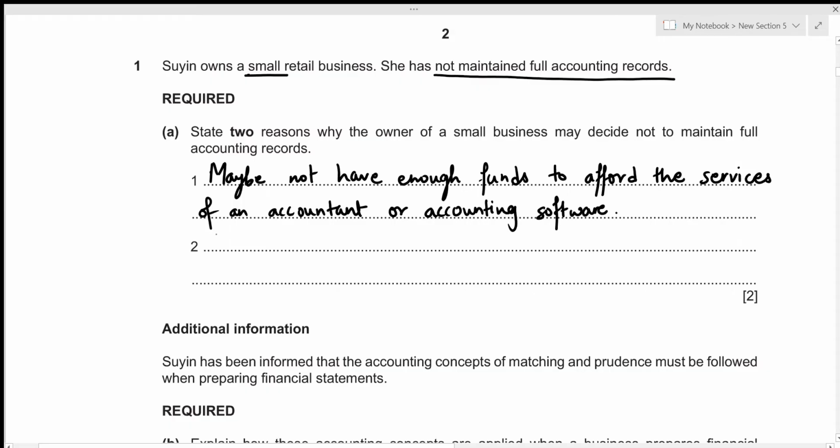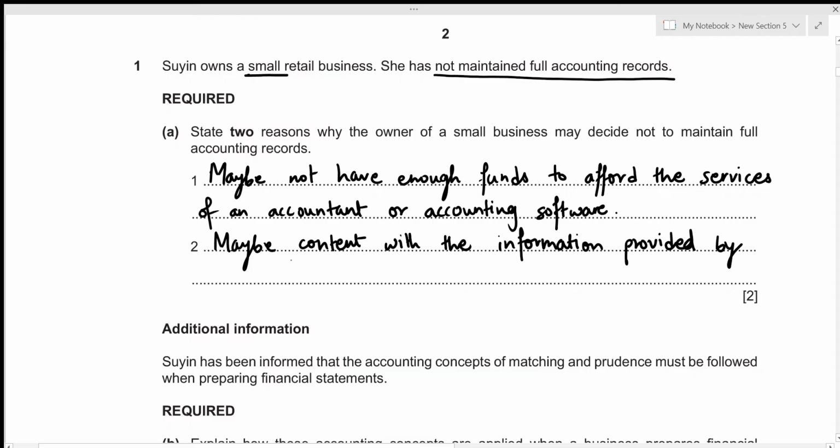Then the second reason was that maybe she is content with the information provided by her current accounting records. If she has no further use for full accounting records, then she might not choose to maintain those records as well, right? Alright, this completes the first part of the question.